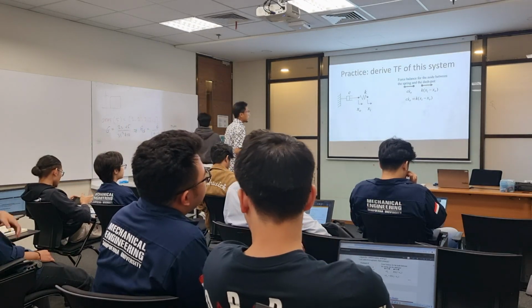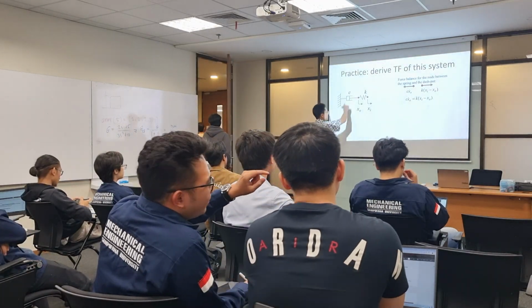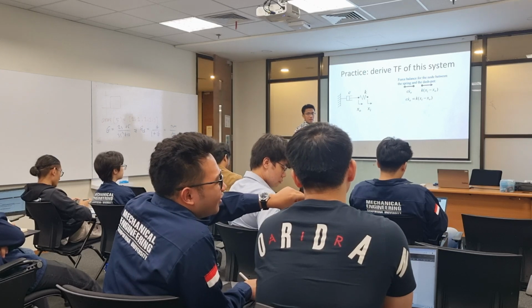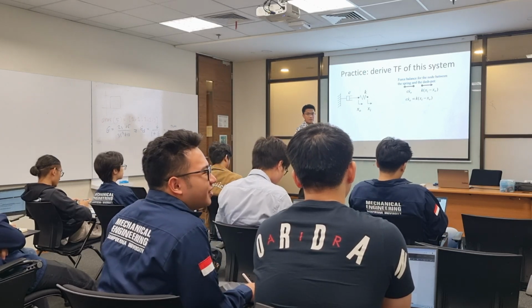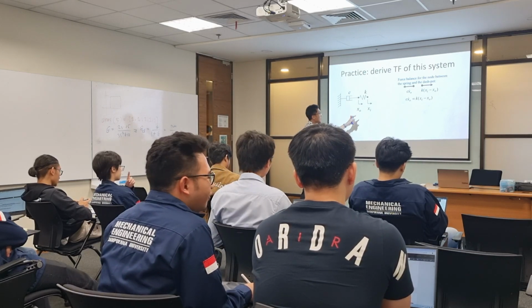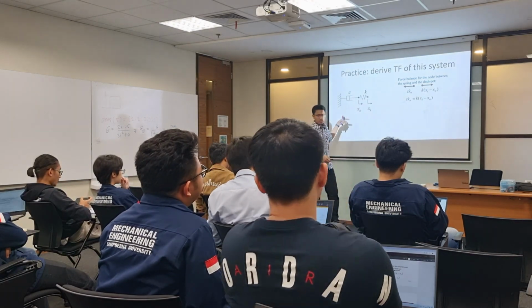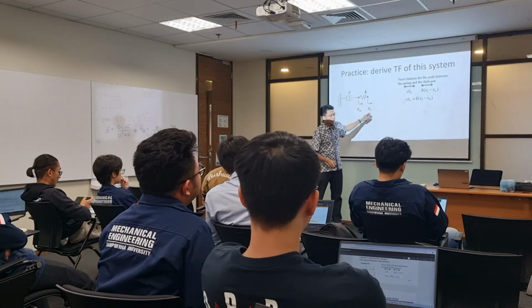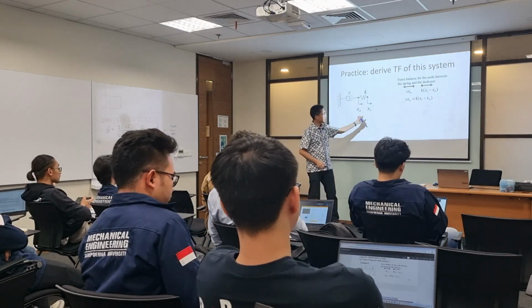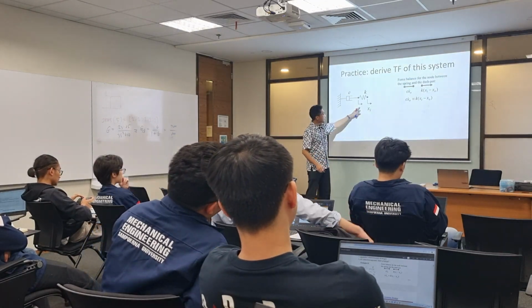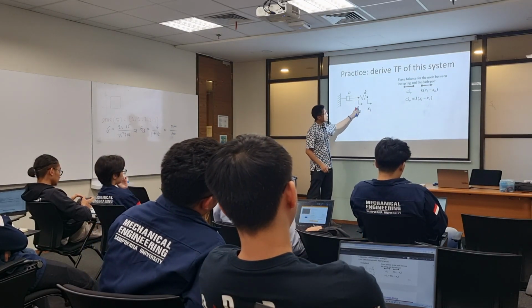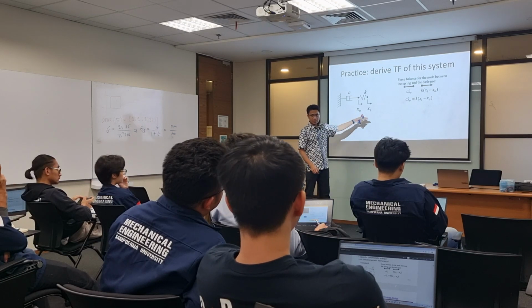What we can see from this diagram is that the situation is like this. This point is moving to the right with displacement xi, and because of that, we assume that the output of this point is a displacement coming to the right.